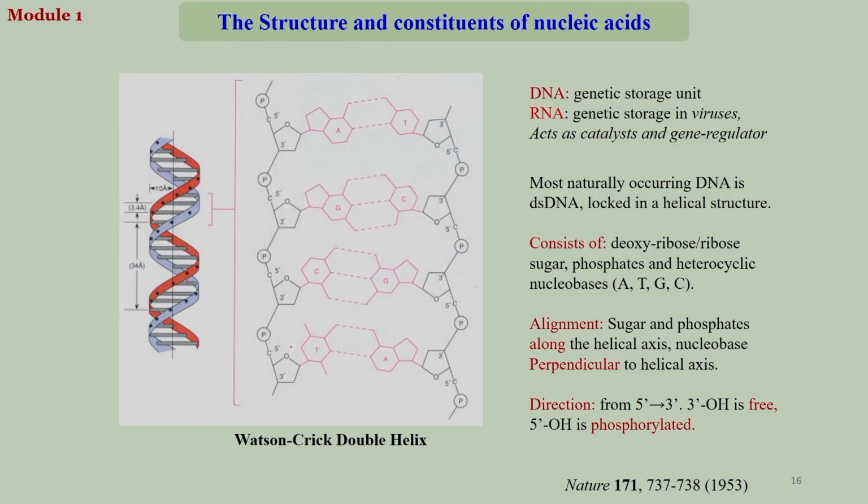It shows a ribose sugar, a 5-membered ring, connected with a phosphate to the 5' end. Here is a nucleobase, I am writing B for base, on the deoxyribose.